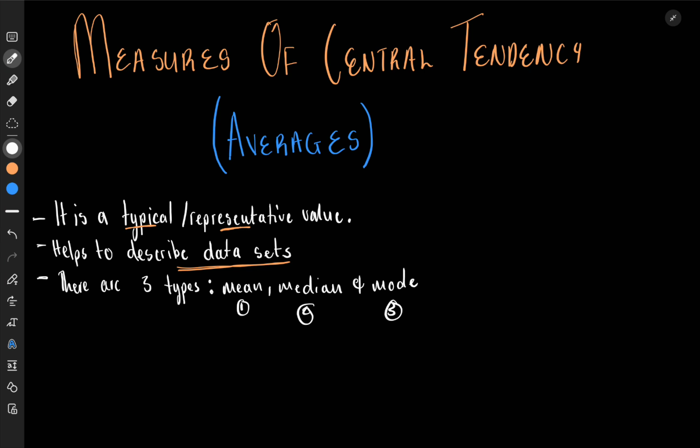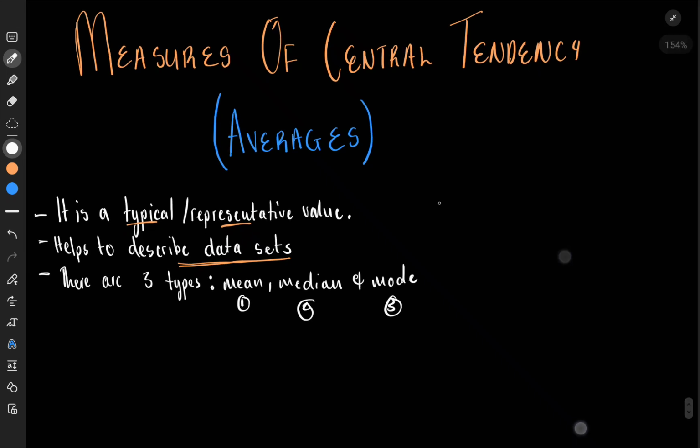Now, what do they describe? Take the median: it helps you know which value is right at the middle of a bunch of values. To know the median, you have to arrange your data in order, smallest to largest, and then you can see which one is at the center.